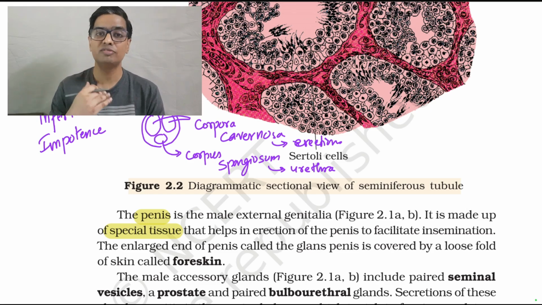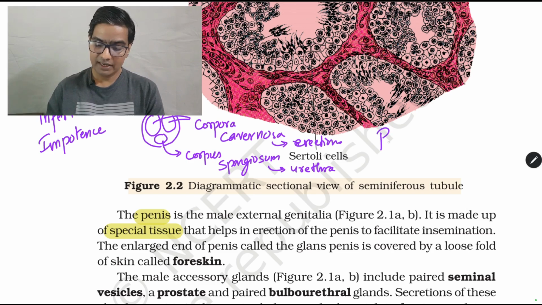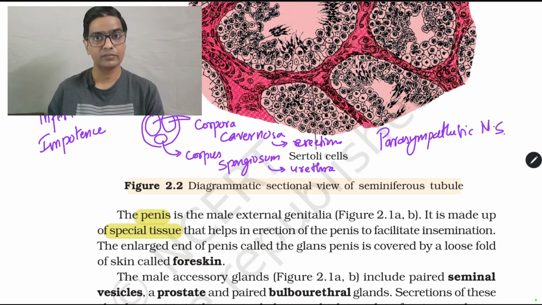There is a backlogging of blood inside the penis, which leads to erection. Important, okay? Erection is because of the parasympathetic nervous system. The male will get erection only when there is parasympathetic nerve stimulation.